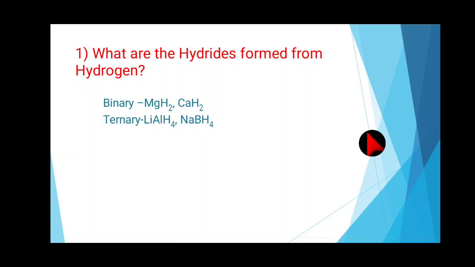Binary hydrides examples: magnesium hydride and calcium hydride. Ternary hydrides examples: lithium aluminum hydride, sodium borohydride. So binary means two elements, ternary means three elements.